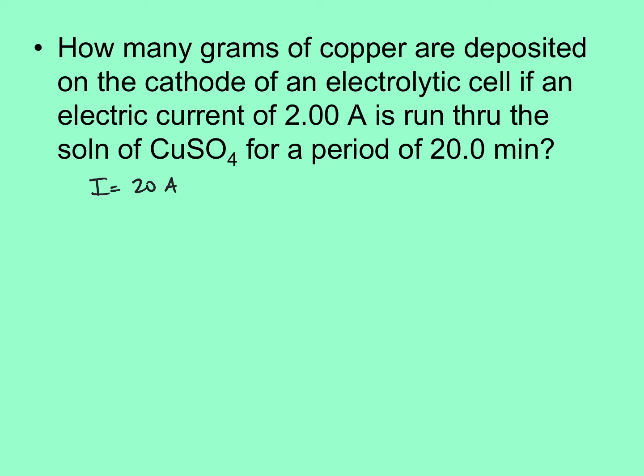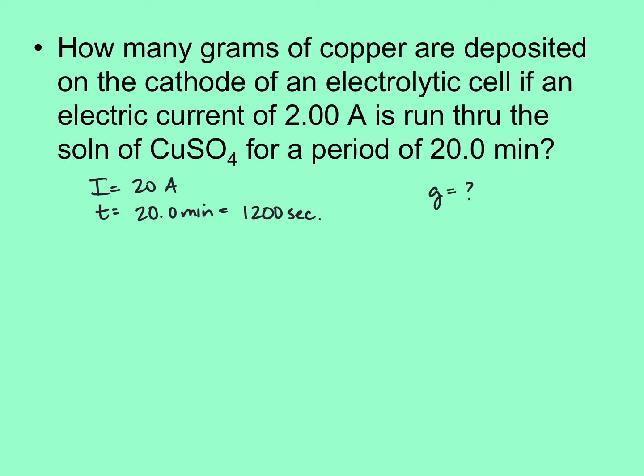We also know the time is 20 minutes, and we need to make sure that you convert that to seconds. So we're going to multiply that by 60 to give you 1200 seconds. Ultimately, our goal is to find out how many grams.